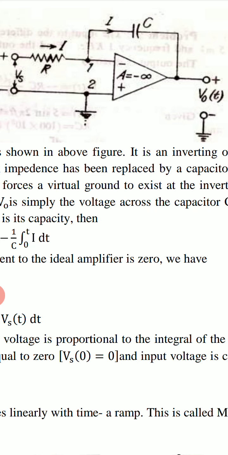And now in place of feedback impedance Z dash, we have a capacitor having capacity C. So to use an operational amplifier as an integrator, we use a capacitor C in place of feedback impedance Z dash.